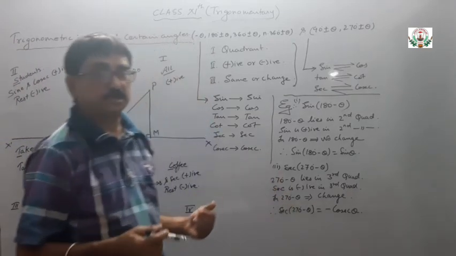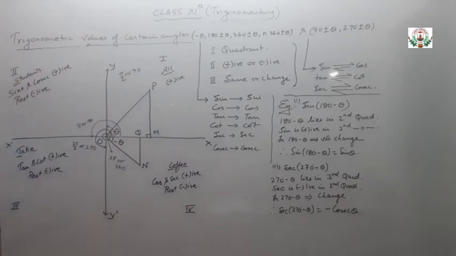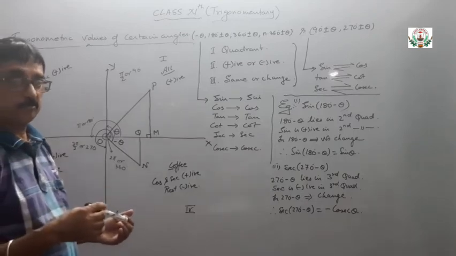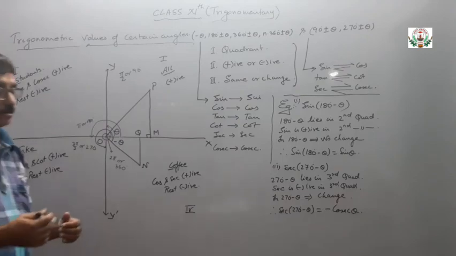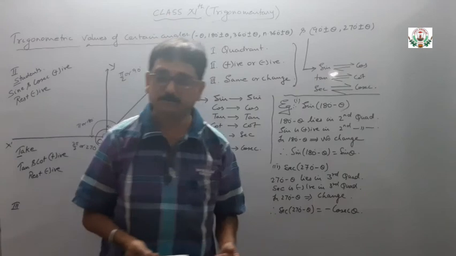As we have studied the trigonometrical values of certain angles from 0 to 90, we can bring down their degrees into the range of 0 to 90, and we can easily write down their values. Okay.